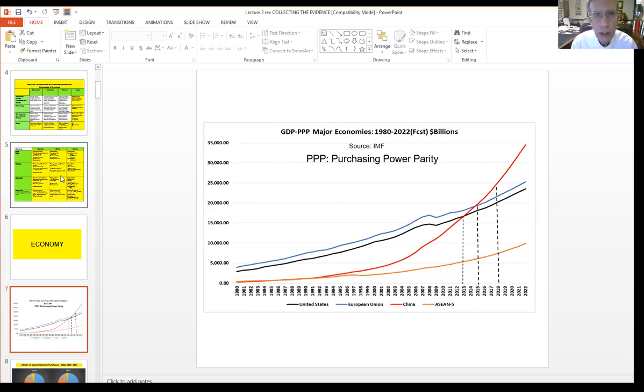Now, let's say that a cup of coffee in the United States at that time cost $1. Now, I know a cup of coffee can cost you more or less depending on where you are and what kind of restaurant or whether you make it yourself and so forth. So we're just talking averages here, and we're going to pretend that the price of a cup of coffee in the US is $1.